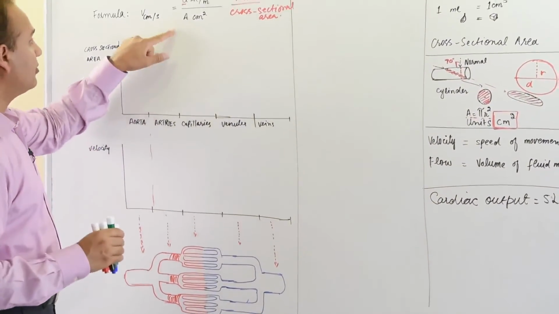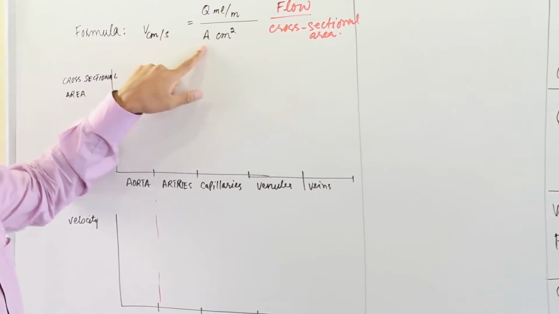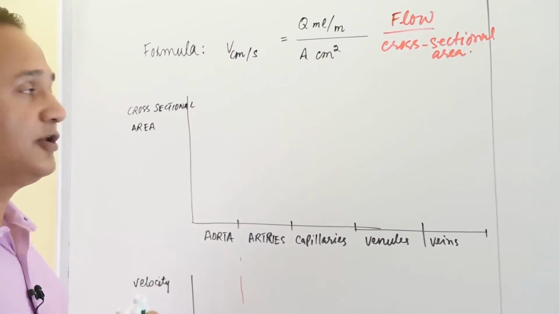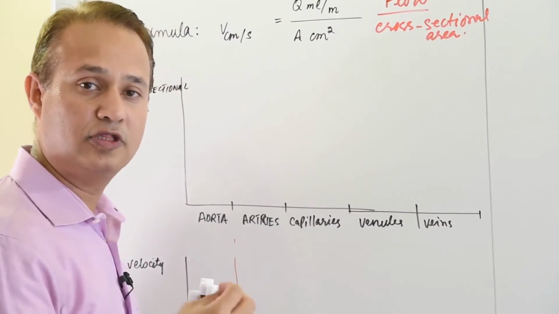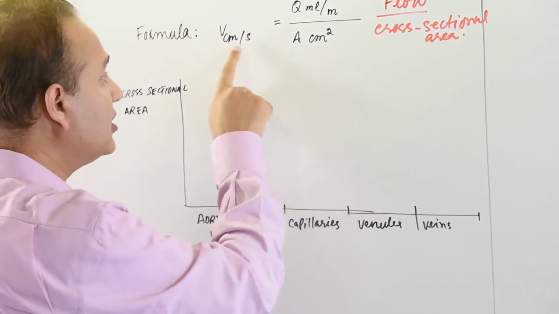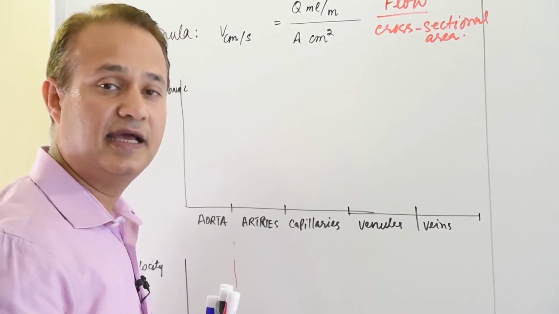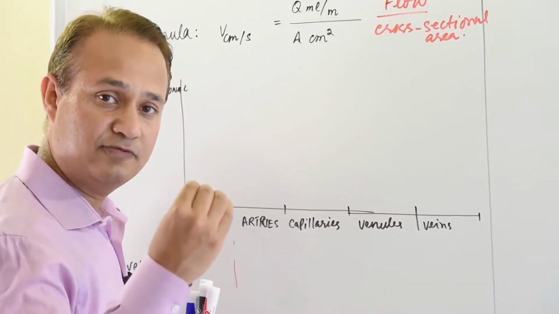So look, the formula says that flow of blood divided by the cross-sectional area of a tube will determine the velocity. And you're seeing that velocity is directly proportional to the flow. More the flow, the more velocity. And velocity is inversely proportional to the cross-sectional area. And that means if the area is increased, the velocity would decrease.